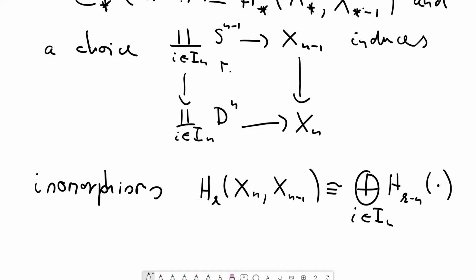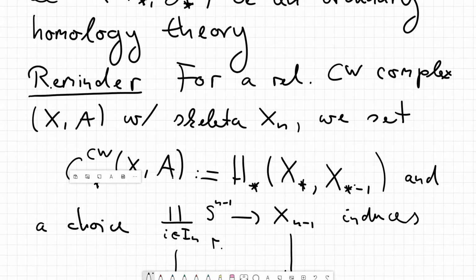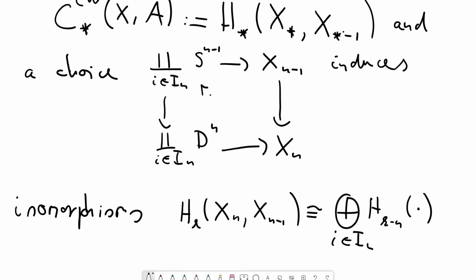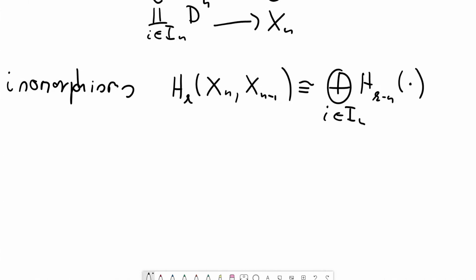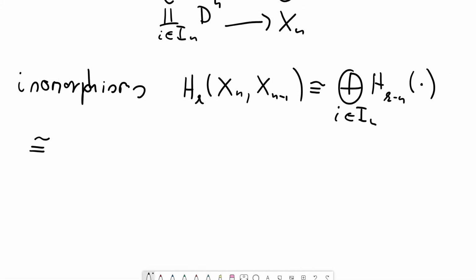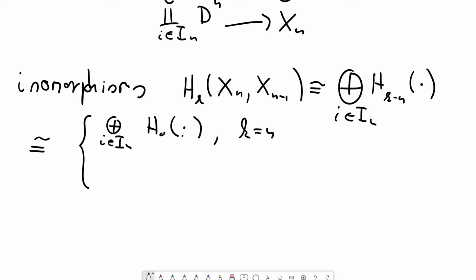And I think I said in the beginning that I wanted now an ordinary homology theory, and therefore this isomorphism continues. And this thing is actually then isomorphic to just the following: as many copies as we've got n cells of this H_0 of a point, in case k equals n, and 0 otherwise, if k is not equal to n. Okay, so far so good. So this was just the situation of last time.